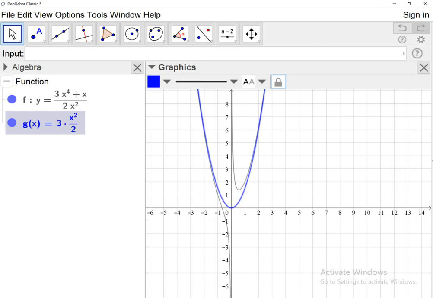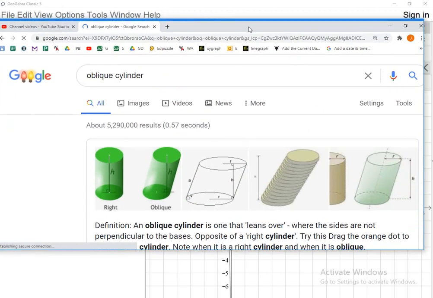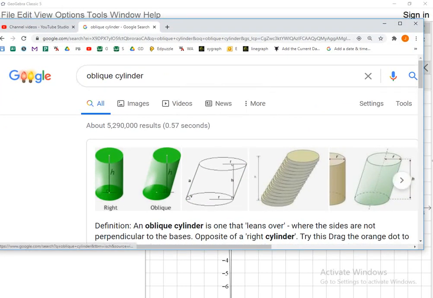You guys have seen the word oblique before in geometry. Do you guys remember taking like cylinders, or pyramids, and then slanting them? So if I had like a, let's see here, oblique cylinder. Geometry.